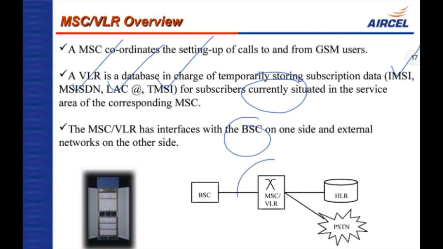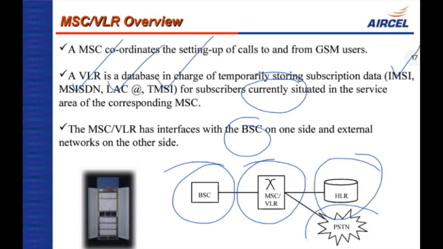So as you can see from this figure, we have the BSC on one side, the home location register on the other side, and the external networks, the ones that we identify as the PSTN, public switched telephone network.